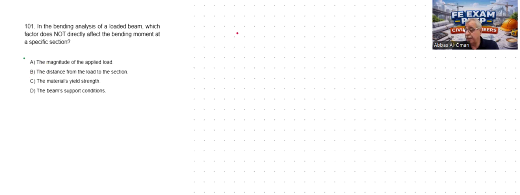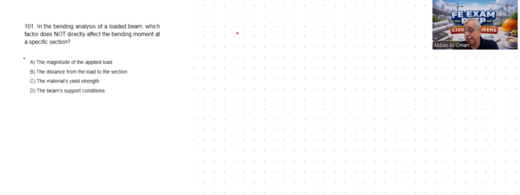In bending analysis of a loaded beam, which factor does not directly affect the bending moment at a specific location? We know that the bending moment is always force times perpendicular distance. The magnitude of the applied load: this is not correct, because the applied load affects the moment. The distance from the load to the section also affects it.